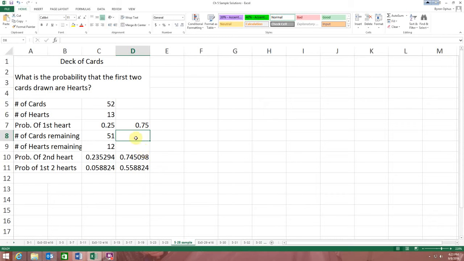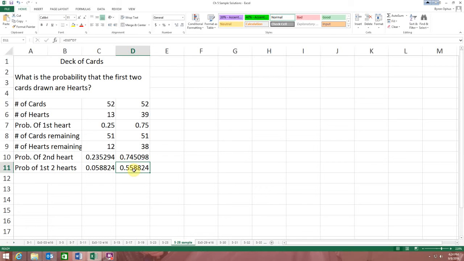Okay, and then for the second one, I have 51 again, and I would have 38 non-hearts. Okay, and so then this would simply be equal to my 38 divided by my 51.